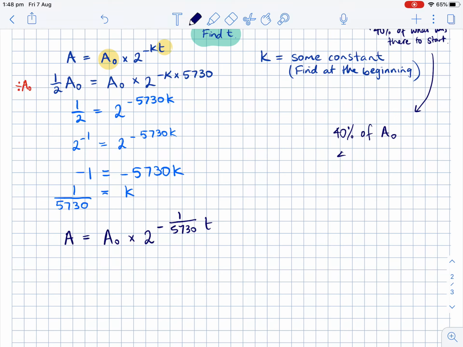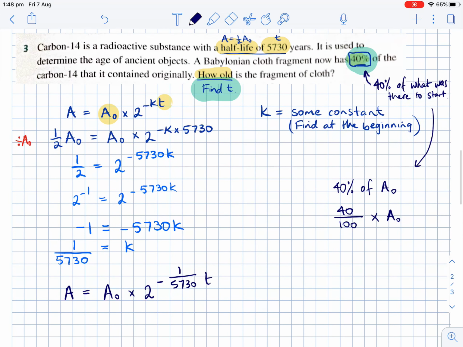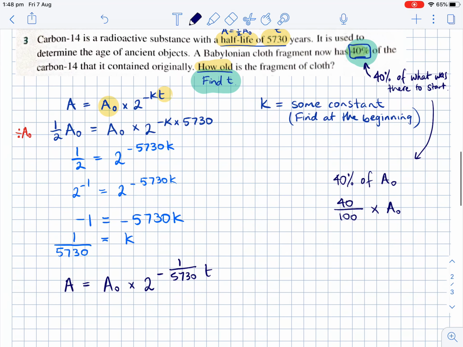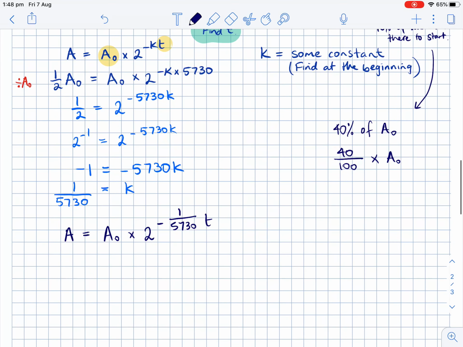And 40% we know is 40 over 100. Of in maths is always times. And we basically find out that the amount of cloth that remains from our Babylonian cloth is 0.4 times the initial amount. So I can replace the amount of cloth with 0.4 times the initial amount.